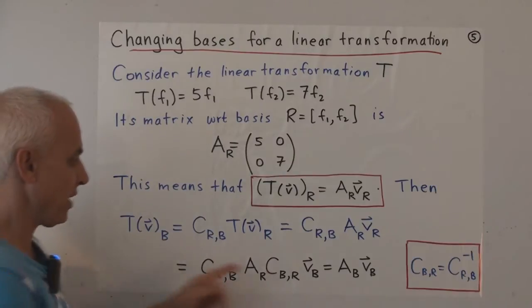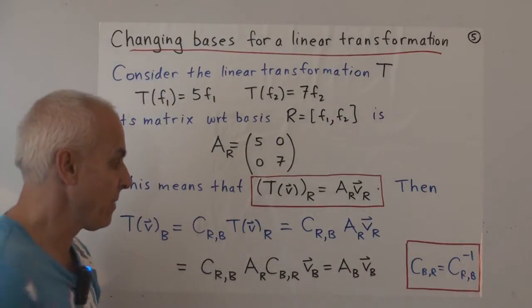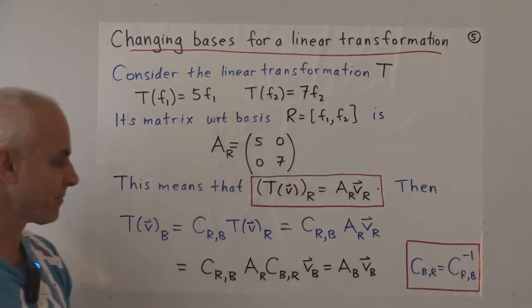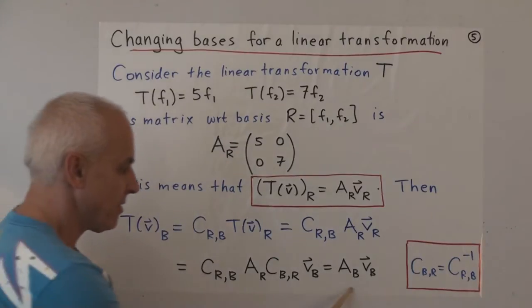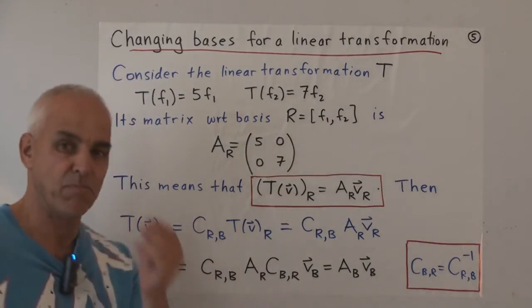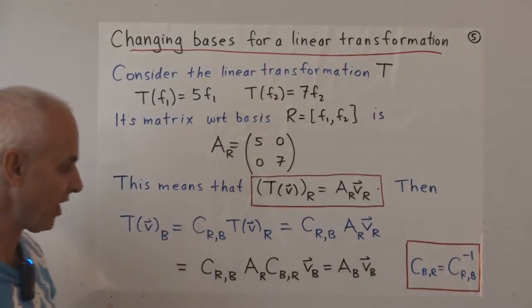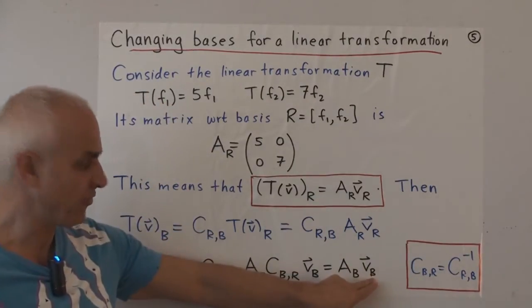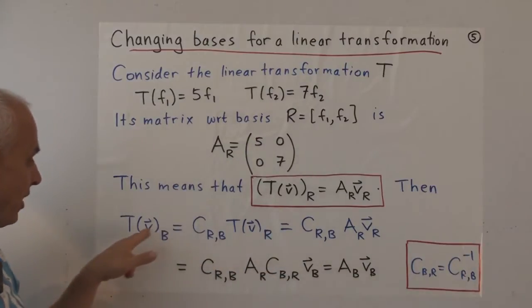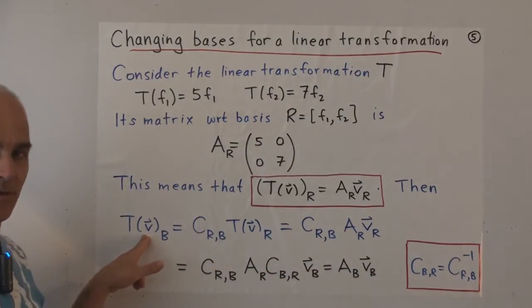[T(V)]_B equals some matrix A_B times V_B. And this matrix A_B is Bob's matrix for the linear transformation, because it tells us how to go from a vector in Bob's system to the image of that vector, also in Bob's system.